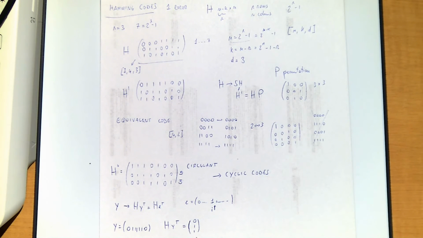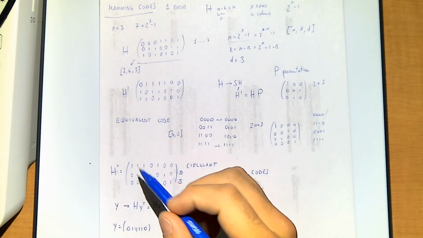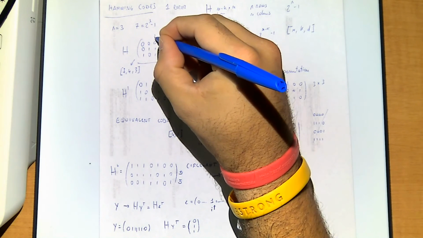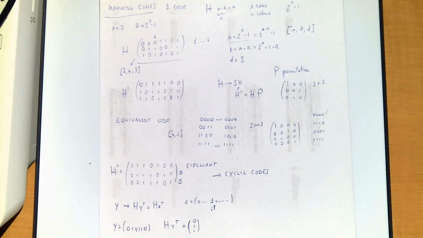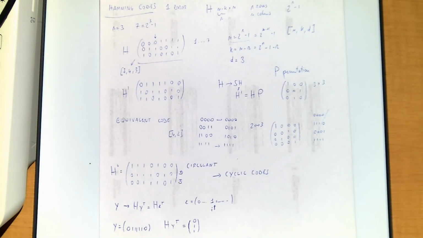Then you can just go and look for this column in the matrix. 0, 1, 1. It's here. No, actually, sorry, that's the matrix we're using. This one. Yes. That means that my error is in position 3, and so that position 3 becomes 0. Did I have them correctly? Yes.